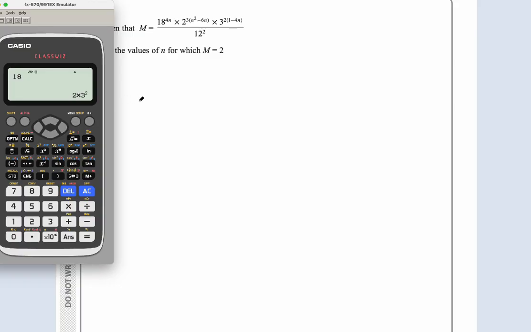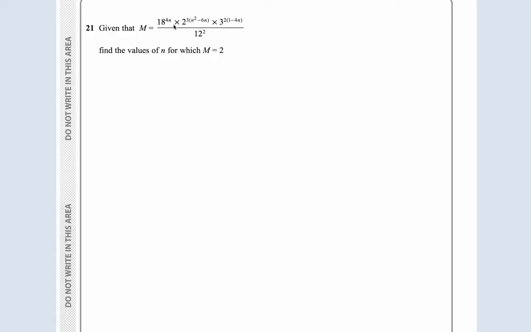So it's actually 2 times 3 squared. Okay, so I'm going to turn 18 into 2 times 3 times 3. That's all I've done. Why am I doing it? Because I want to get 2s and 3s, so I can combine the factors and basically add the powers.